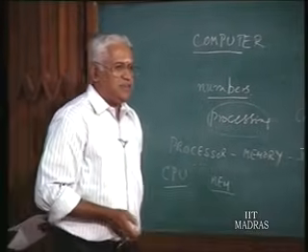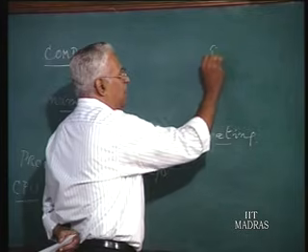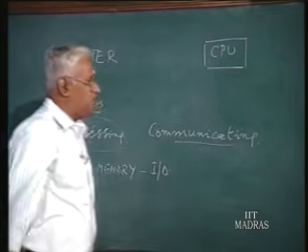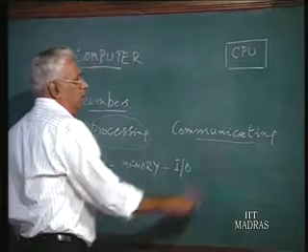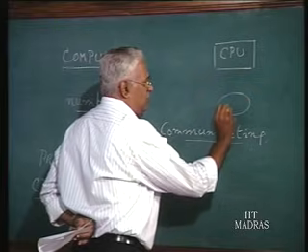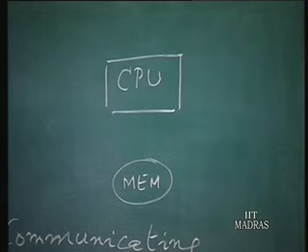Now, I will just briefly indicate to you, supposing we have this block CPU for central processing, and then let us say the memory. Let me just use a different symbol for this. Now, it is like this: we have the data stored in the memory and the CPU is capable of processing.